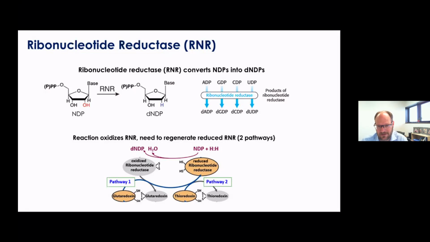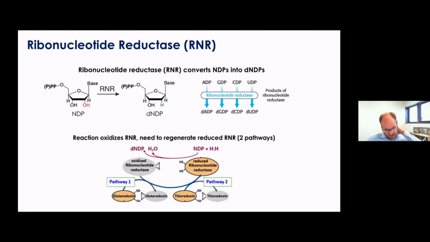This enzyme, ribonucleotide reductase, is the critical regulatory element. It's got a really beautiful cascading, progressive regulatory mechanism to ensure you get the right quantities of all those deoxyribonucleotides.